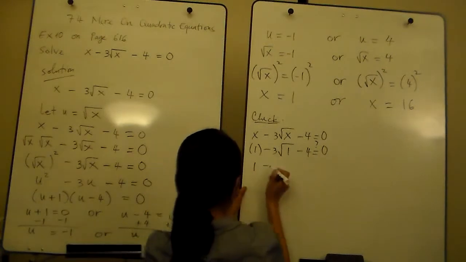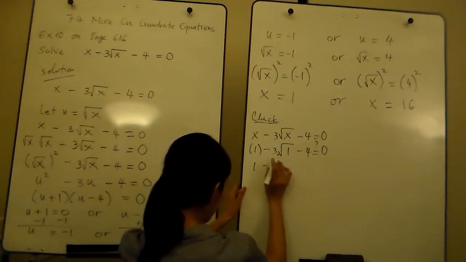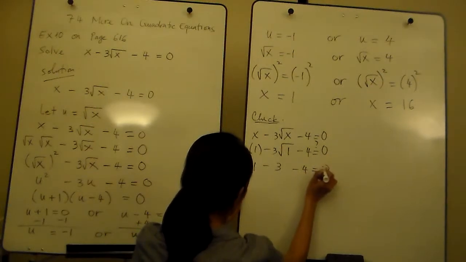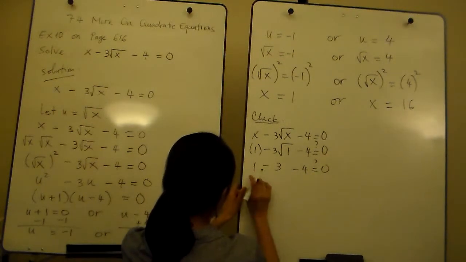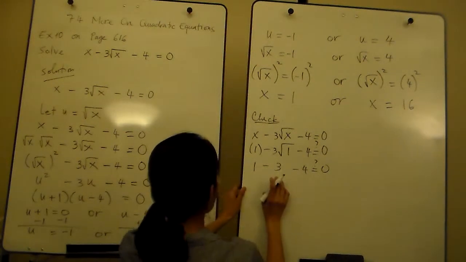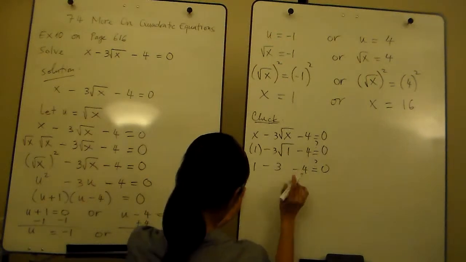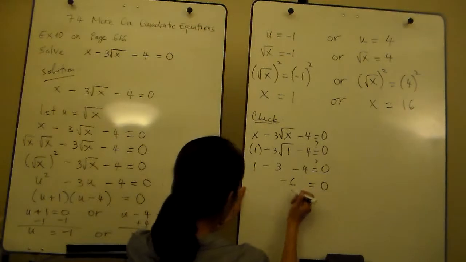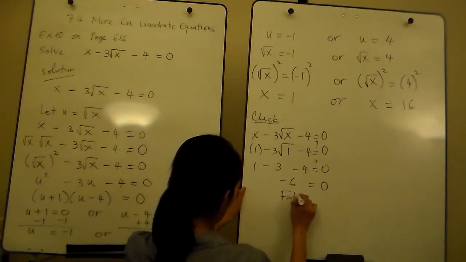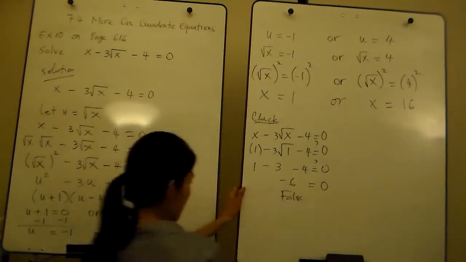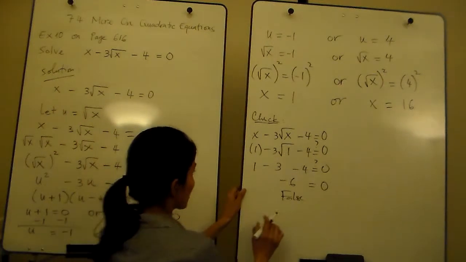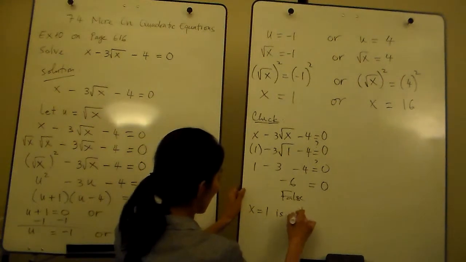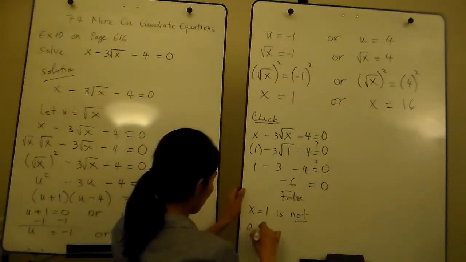Square root of 1 is 1, and 3 times 1 is 3, minus 4 equals 0. Simplify, you get 1 minus 3 is negative 2. Negative 2 subtract 4 is negative 6. And this is false, because a negative value is not equal to 0. So x equal 1 is not a solution.